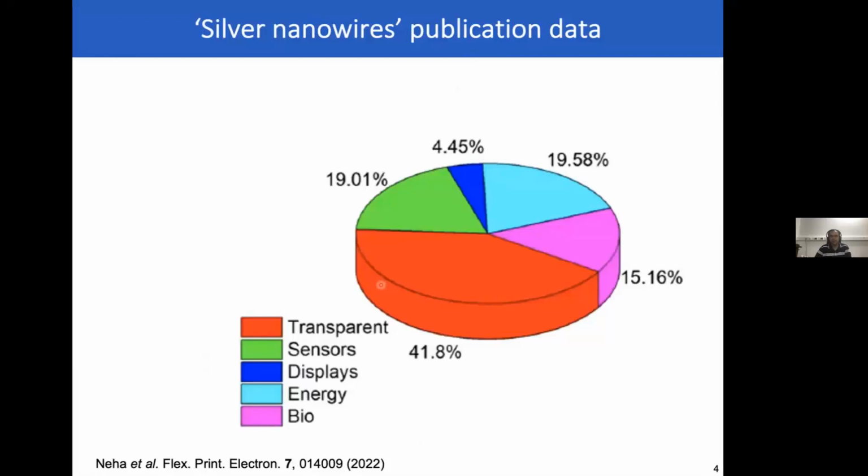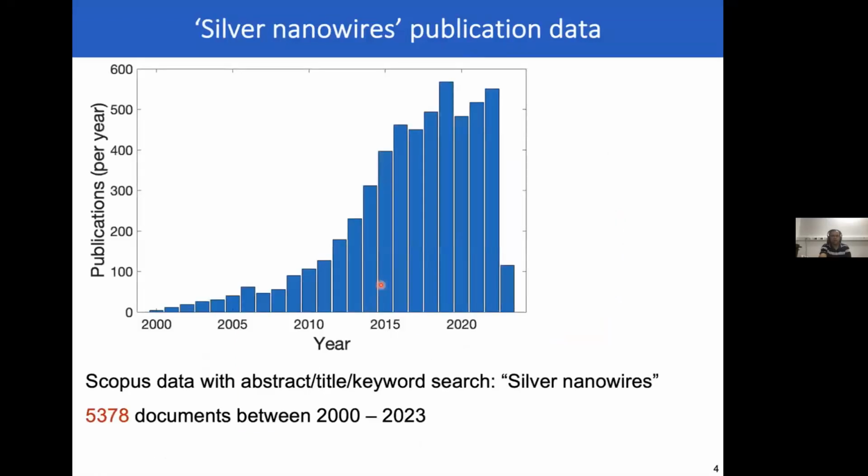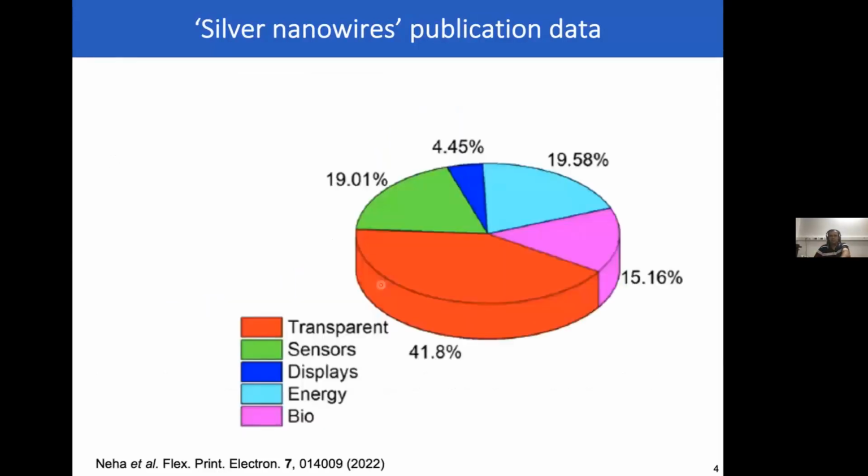I'm not saying important. I'm just saying, we found around 5,000 papers. Then we asked, along with silver nanowires, what are the other keywords that people report? So that is a measure of what the application is. 40% of the time, people report the keyword transparent, which means in 40% of the papers, they're looking at silver nanowires for transparent applications.